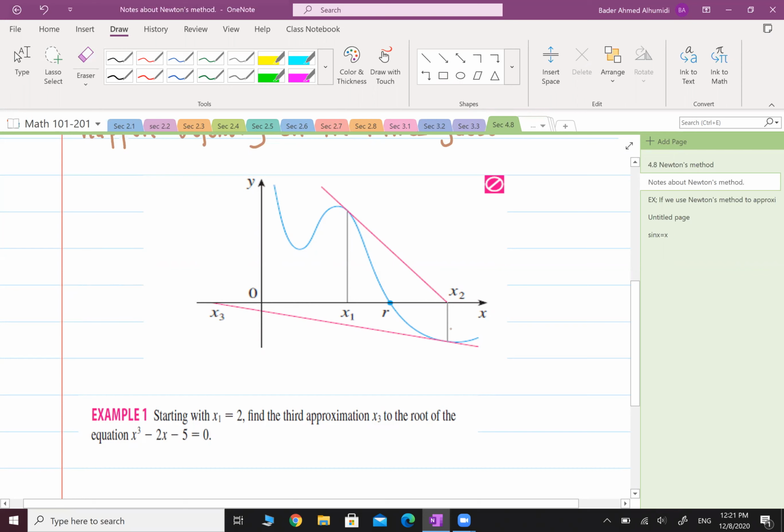It is a good method in the sense that it will reach the answer if the sequence is convergent. But in some rare cases like this, it may give you the wrong answer. So in that case, we need to be very, very careful. Is the method convergent or not convergent?